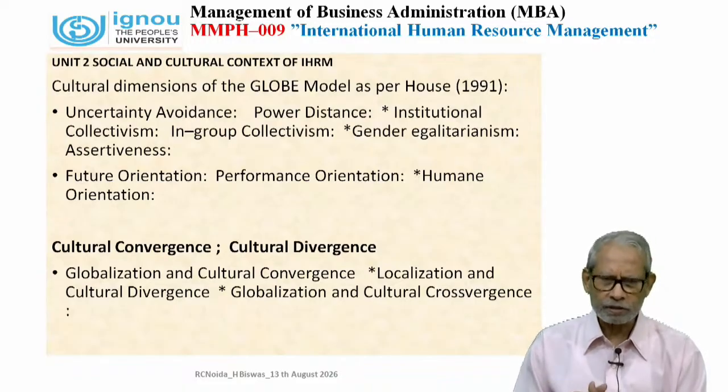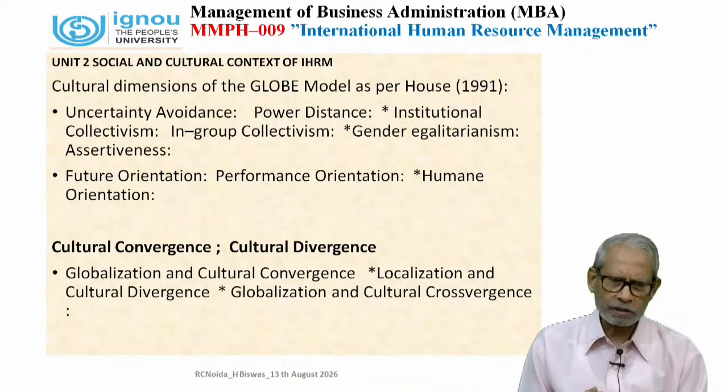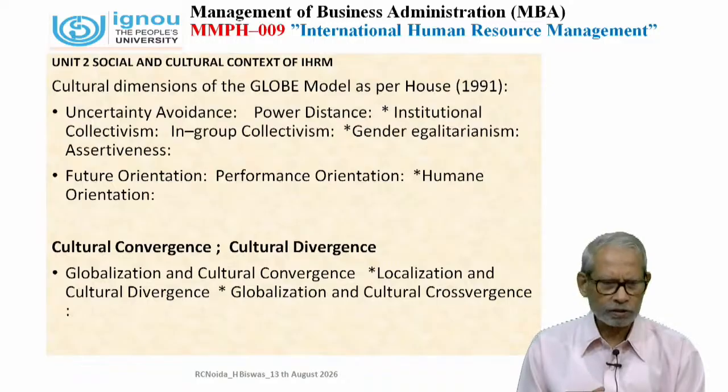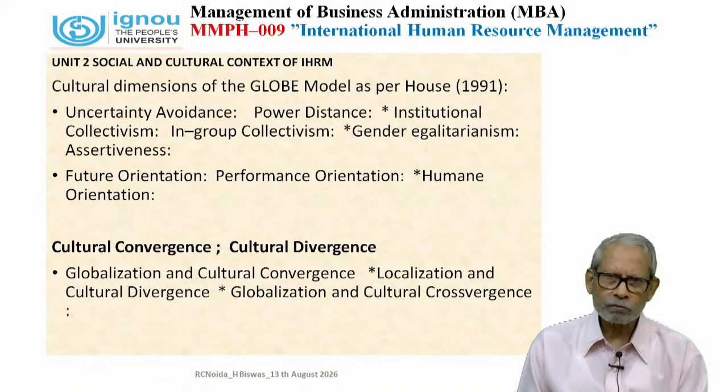Future orientation, performance orientation, humane orientation, cultural convergence and cultural divergence, globalization and cultural convergence, localization and cultural divergence, globalization and cross-cultural management. These all are related to cultural convergence.